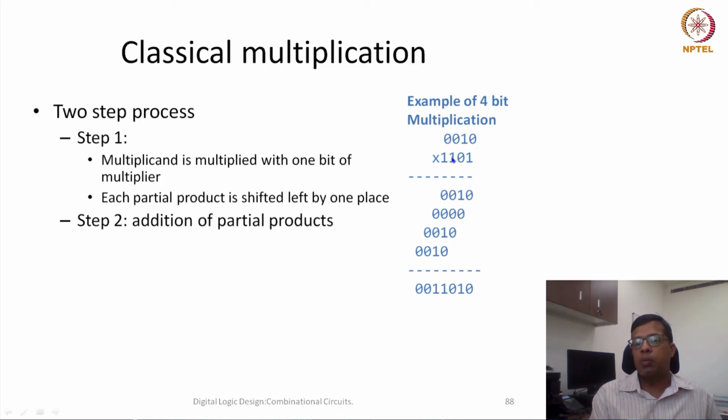Similarly, when we are multiplying with this one, the partial product is shifted by two places towards the left. This way all the partial products are obtained, and then finally we add all of them.